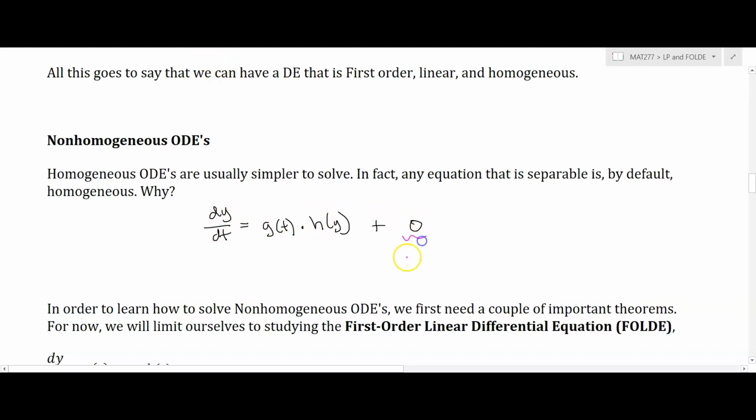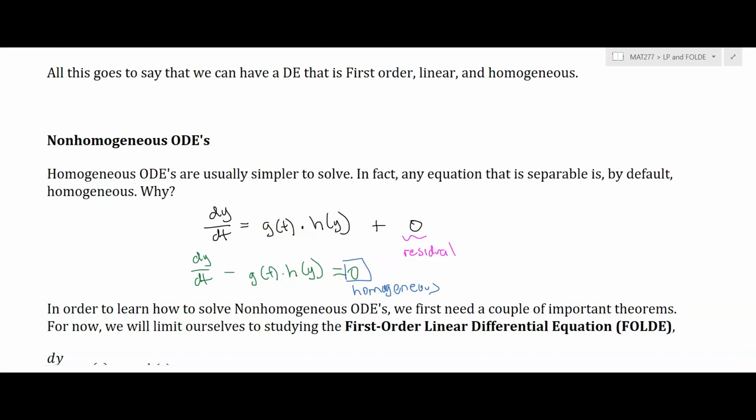I'm going to use the term residual often. Residual just means the stuff that's left over. Because there is 0 residual, I can rewrite this equation as dy/dt minus g of t times h of y equals 0. Because the only thing on the right-hand side, after all the y terms have been moved over, is 0, this is called homogeneous.